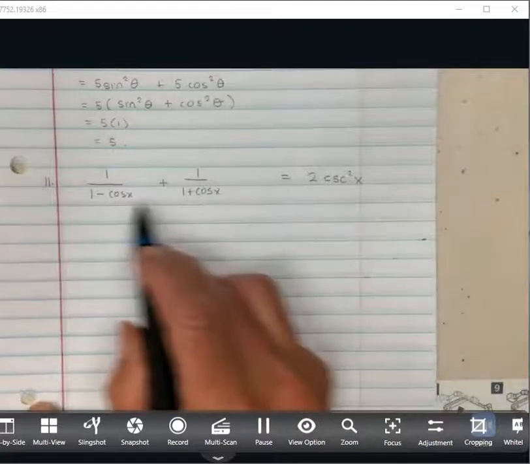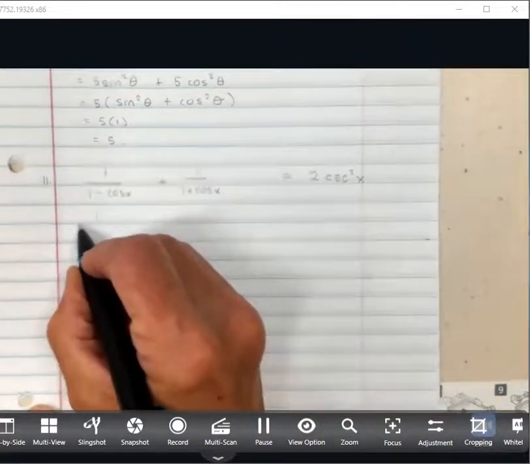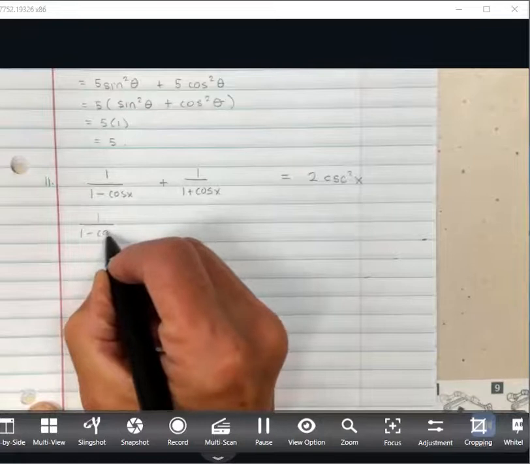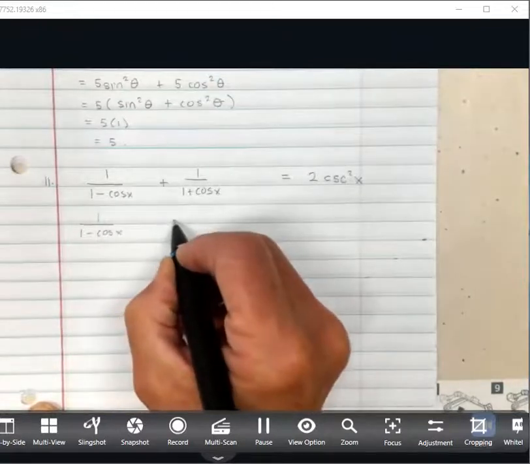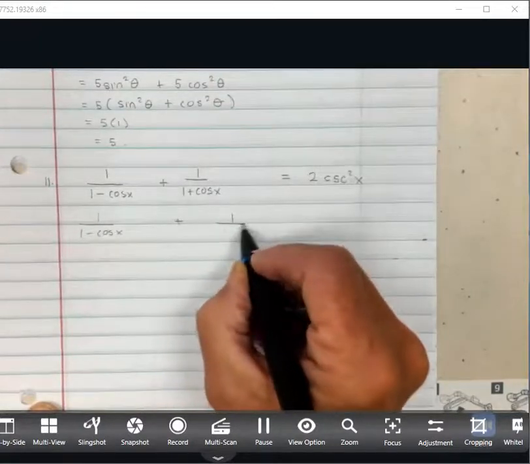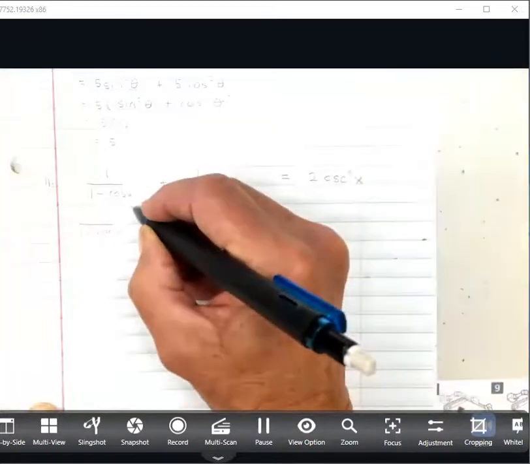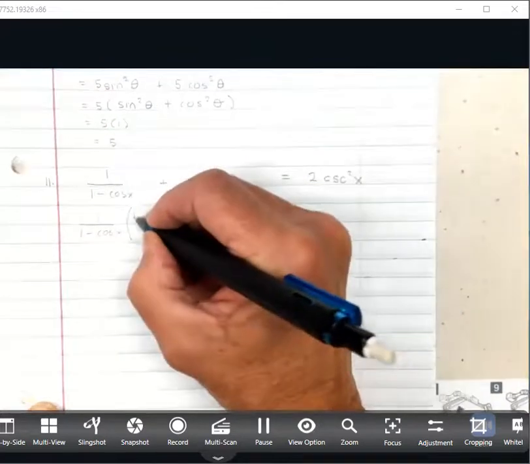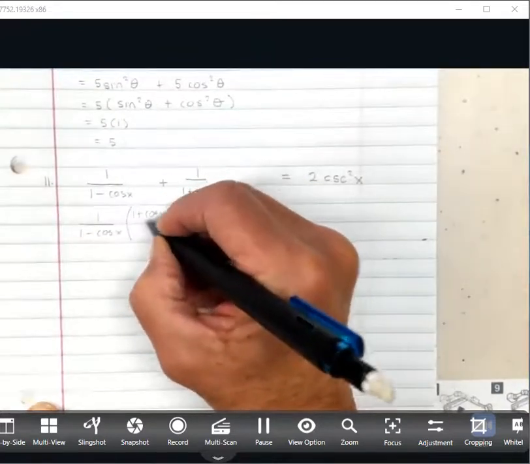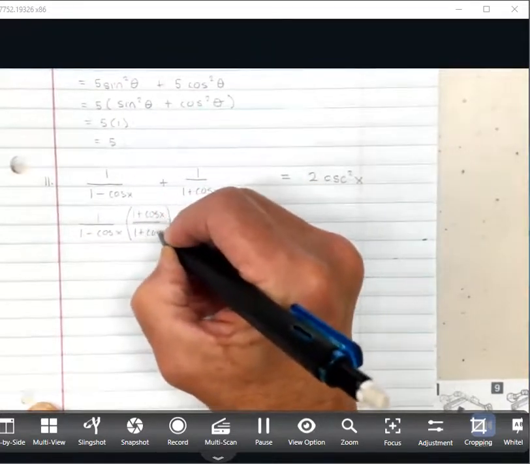That's right. It's just the product of those two. So let me write this fraction down. I'm going to leave a little gap there so I can put in my common denominator term. Right in here, I'm going to put in 1 plus the cosine of x over 1 plus the cosine of x.